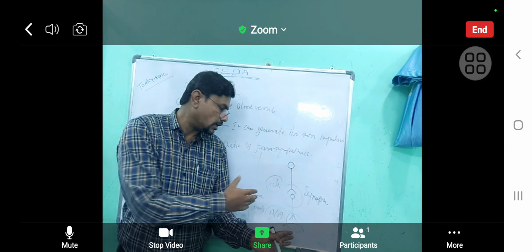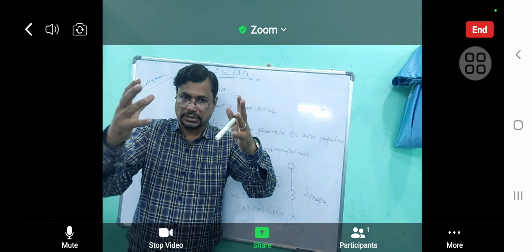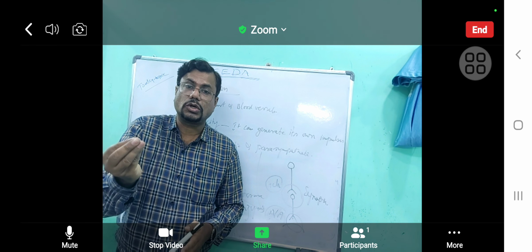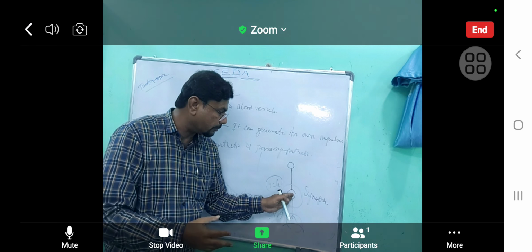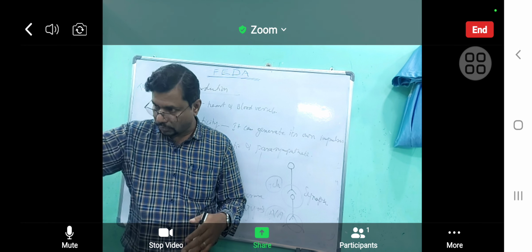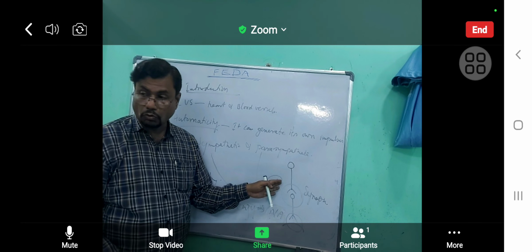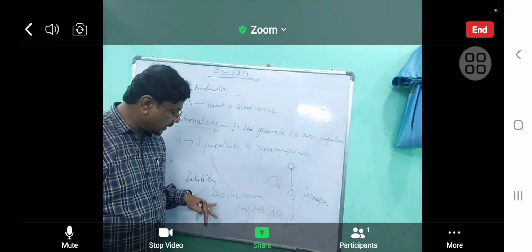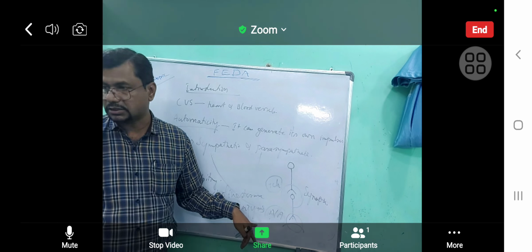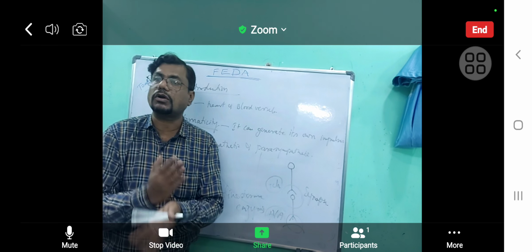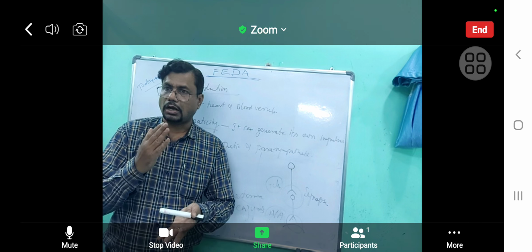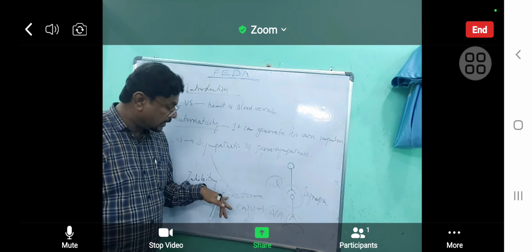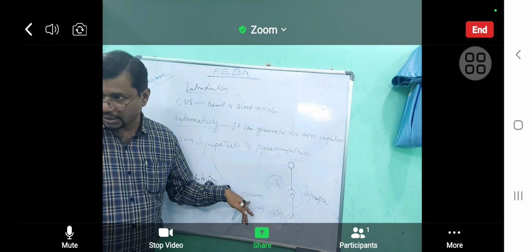The whole acetylcholine is not acting. If 100% is released, only 5 or 10% will act. It will go and bind to the receptors and elicit the pharmacological action. Most of the rest will be finished by this enzyme, cholinesterase. Cholinesterase enzyme breaks down acetylcholine, converting it into choline and acetyl coenzyme A. So this is the action of cholinesterase.